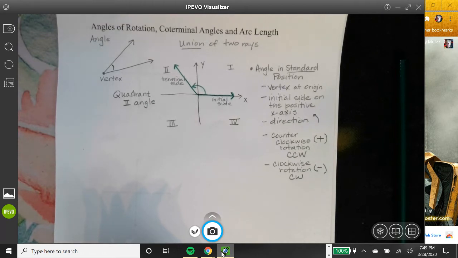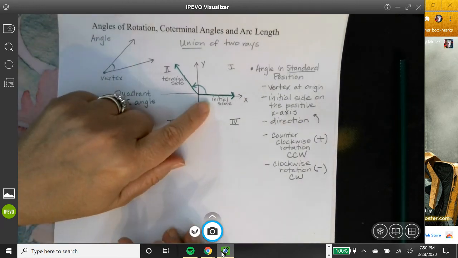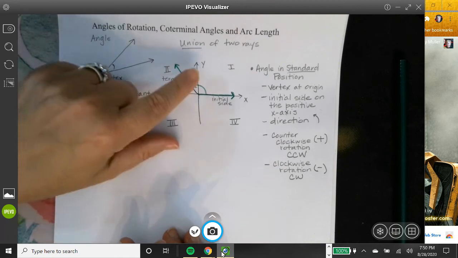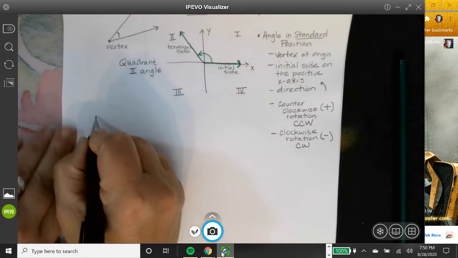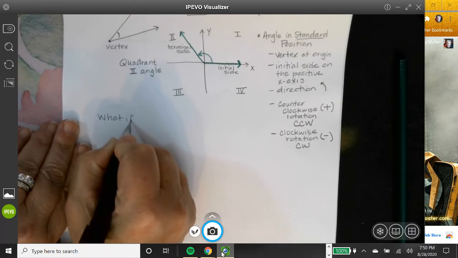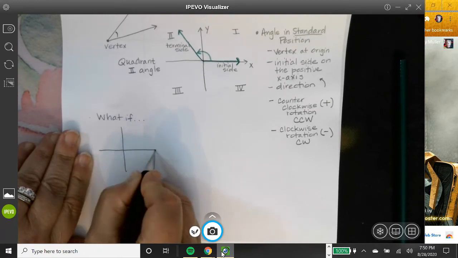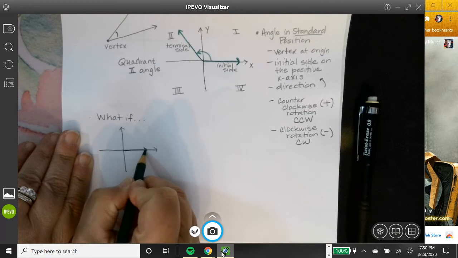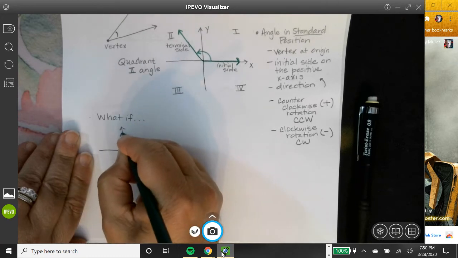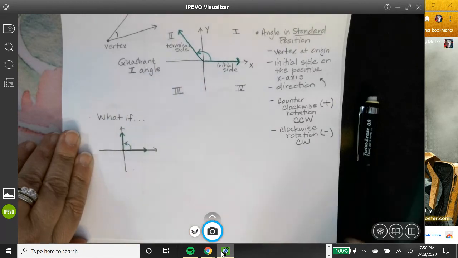But I ask you this question. What if I land on, let's say I have an angle of 90 degrees, right? And I'll draw a picture of that here. What if my angle of rotation, if I decide to do this, is this angle, and this is clearly 90 degrees.